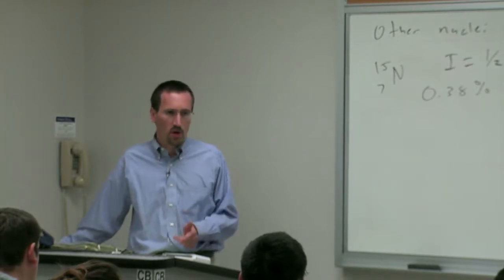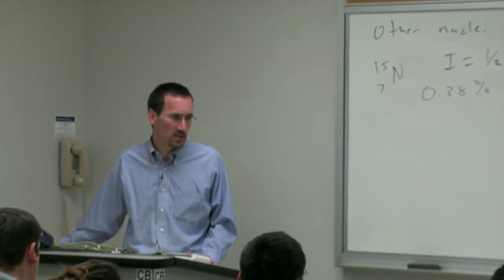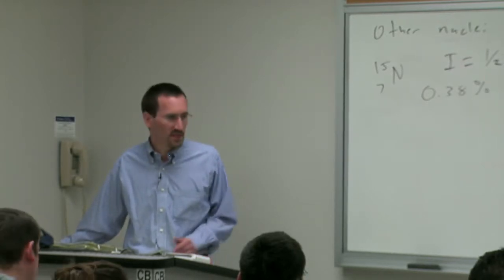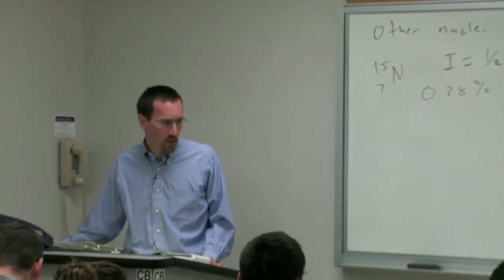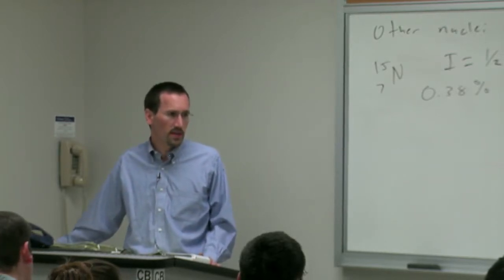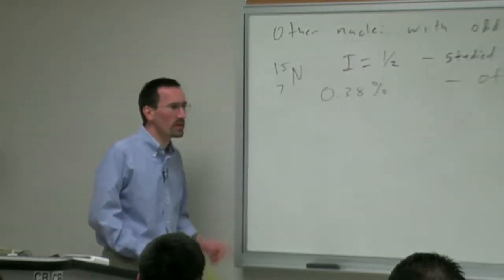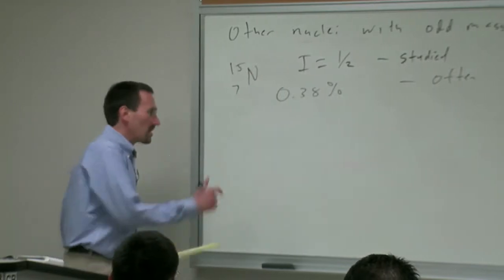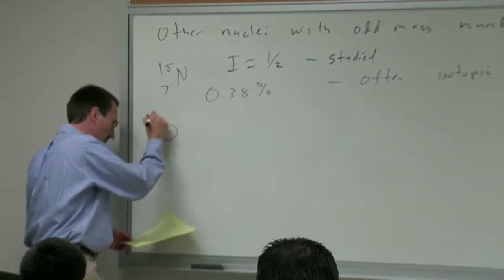NMR spectrometers are becoming more sensitive, and so it becomes not completely nuts to think about using N15 techniques in your NMR. At the end of the course, I may talk about some two-dimensional techniques with N15 at natural abundance that people are doing, just because I think it's useful, but that won't be until the end of November or December.